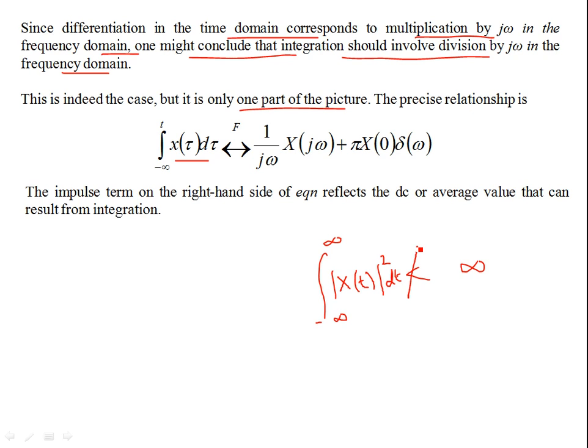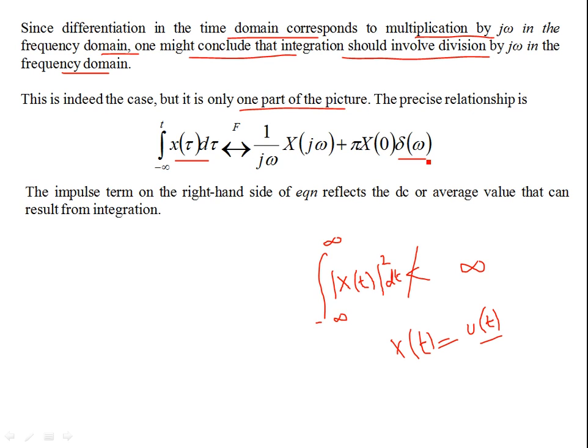Either it is absolutely integrable, or you say that the energy of the signal is finite. The Fourier transform exists, and this is a sufficient condition. If this is not the case, then the signal x(t) is going to violate the Dirichlet condition. There are signals, for example x(t) equal to u(t), a step function, for which you will see in Fourier transform tables that the Fourier transform does exist, in terms of delta functions.